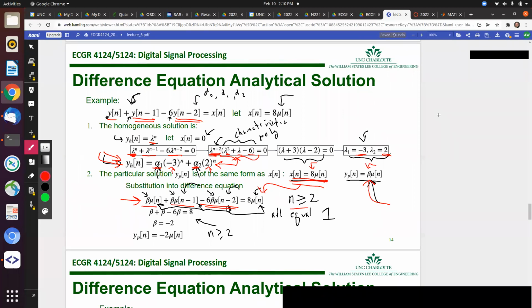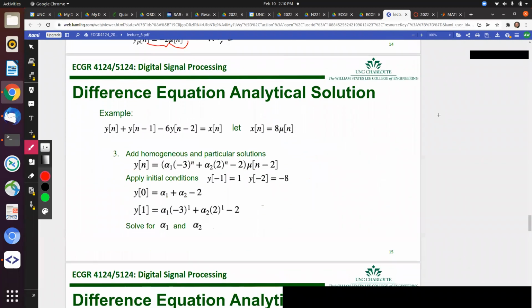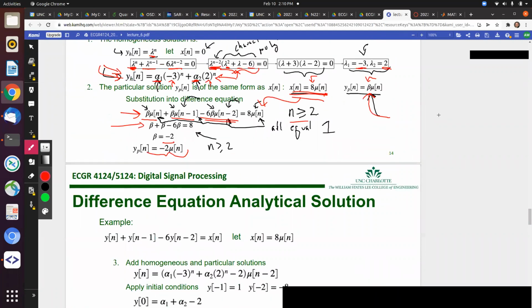That simplifies all of these step values to the value 1, and it leads to an algebraic equation in beta alone. At that point, we can solve it, and we get beta equal to -2, which means the particular response is -2 u of n. So now we know the homogeneous response, and we know the particular response. With that in hand, we can solve the entire system.